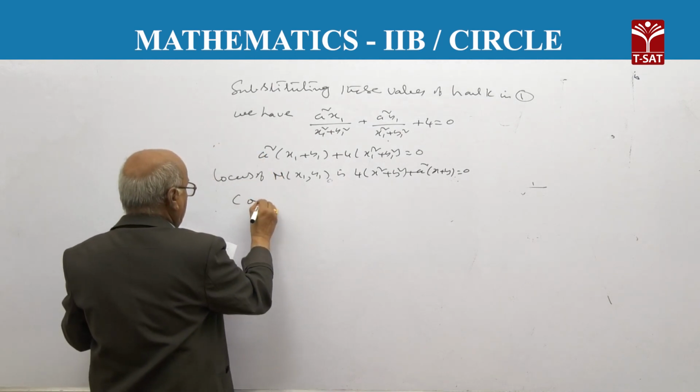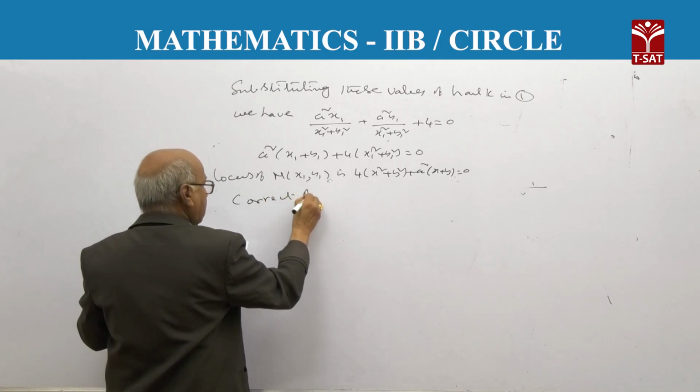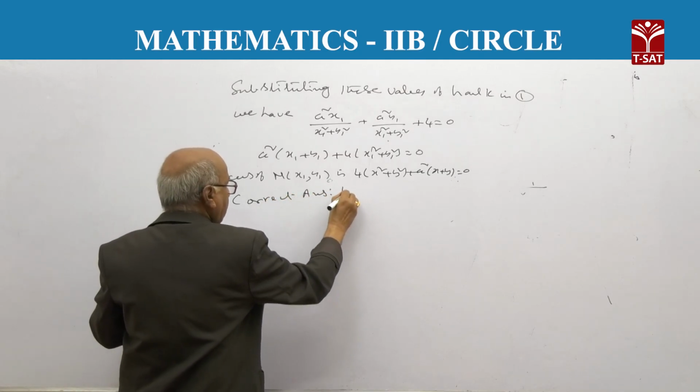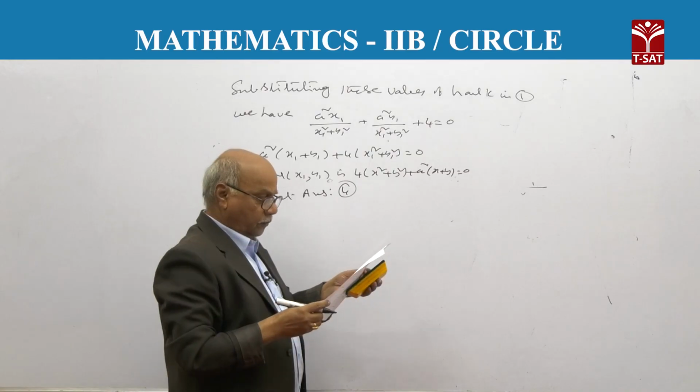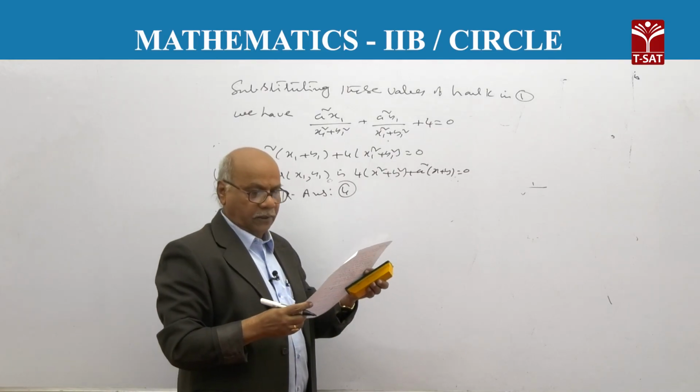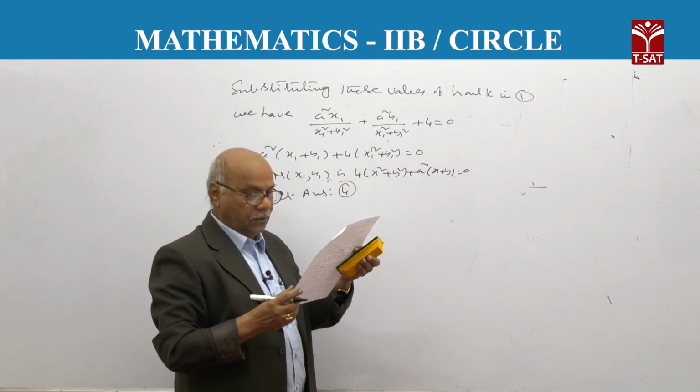So correct answer is option number 4: 4 into (x square plus y square) plus a square into (x plus y) is equal to 0.